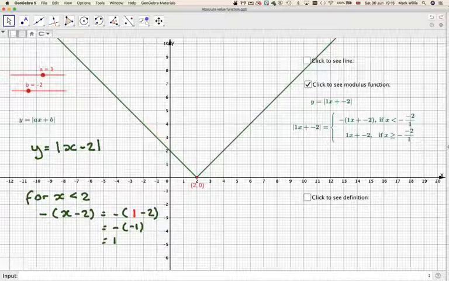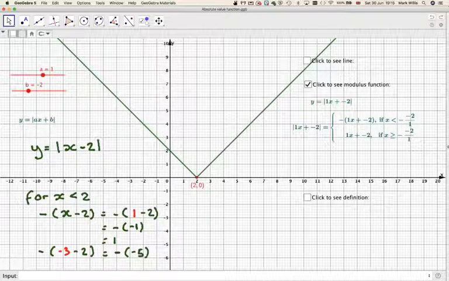Let's take another one, when x is minus 3. Minus 3 minus 2 is minus 5, and then minus of minus 5 gives me 5. So at minus 3, we get y is equal to 5. That's correct.